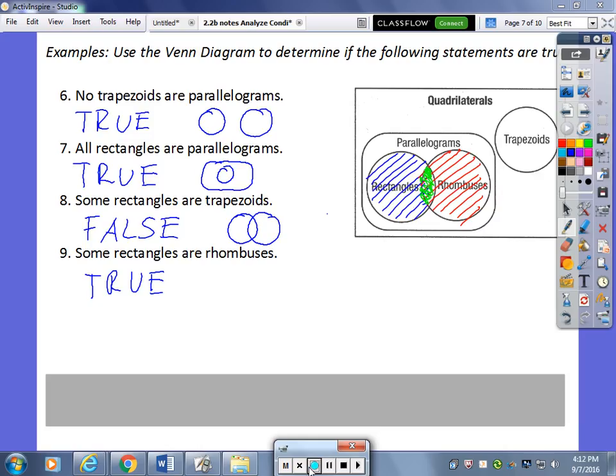And last but not least, I want you to just draw a little Venn diagram, one for a statement where all is correct, one for the statement where some is correct, and one for a statement where none is correct. And if you think about it and just look at this page one more time, then you already know which ones I'm talking about.